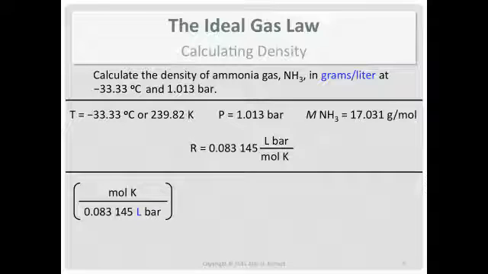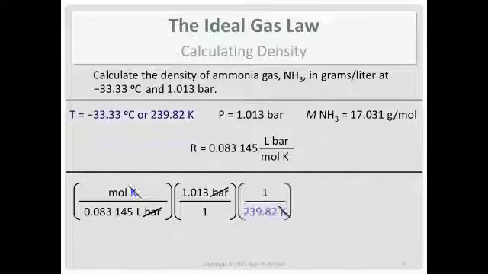Now, dimensional analysis. Let's take care of the pressure. Multiply or divide by the pressure. Multiply to get the units to work. The temperature. Multiply or divide by the temperature. Divide to get the units to work. Now we've got moles in there, and we don't want moles in our answer. This is where the molar mass comes in.